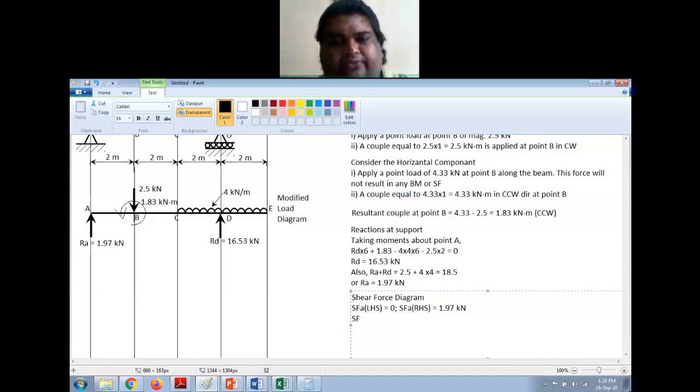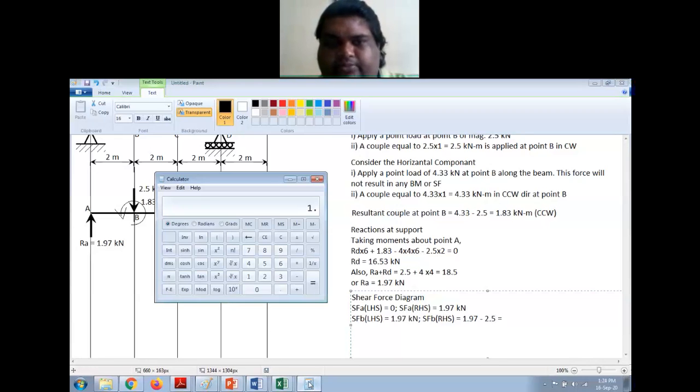Then SFB LHS. Between A and B there is nothing, there is no UDL or any other force, so it will remain same, is equal to 1.97 kilonewton. SFB RHS is equal to now 1.97 minus, I have a 2.5 kilonewton force acting downwards, 2.5.